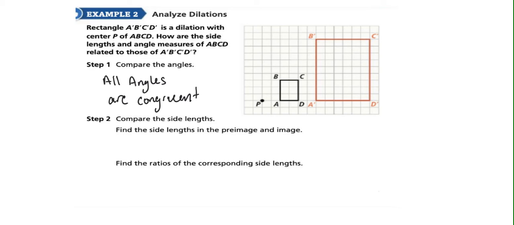Now we're going to compare the side lengths. Let's look at first AB. AB is 1, 2, 3. You can see that's a length of 3. Then BC is 2, 1, 2. CD is 3, and AD is 2.